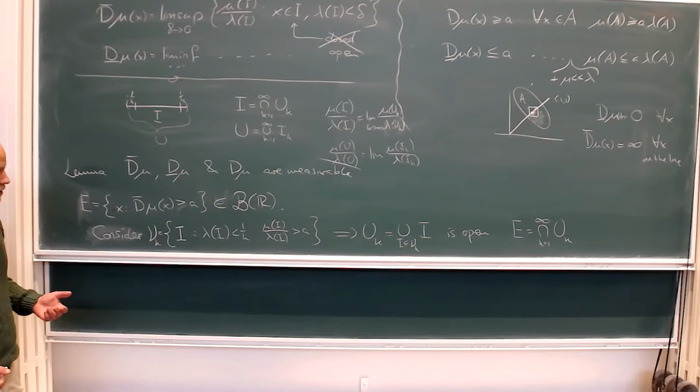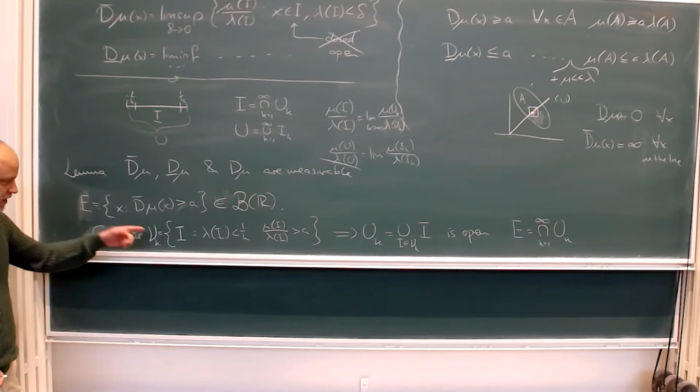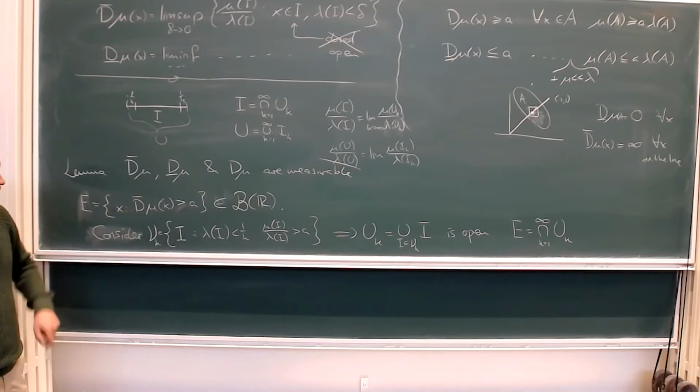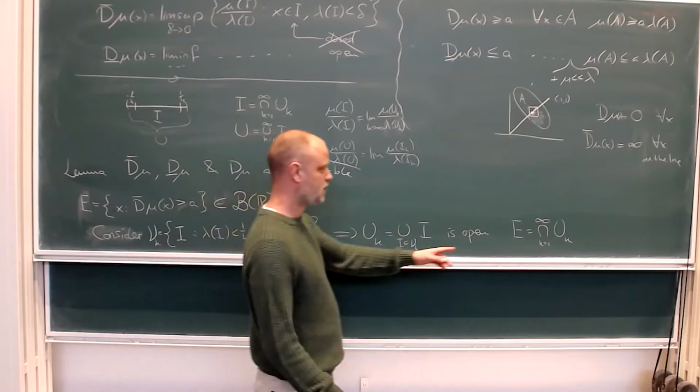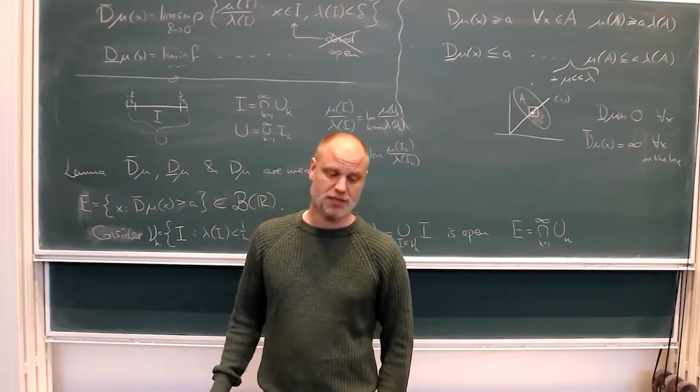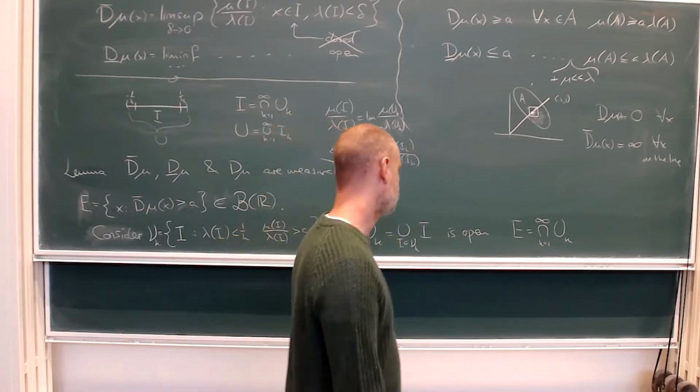Vice versa, if x is in here for every k, then the lim sup must be bigger than little a, so x is in E. So this is it. The U_k are open, hence they are in the Borel sigma algebra. Now this is a countable intersection, so E is in the Borel sigma algebra.